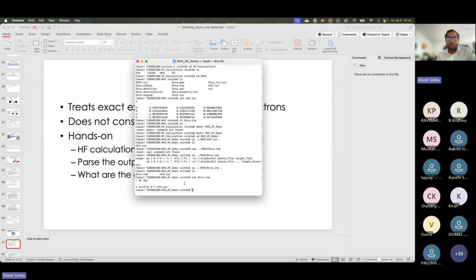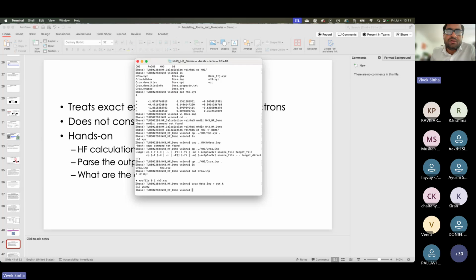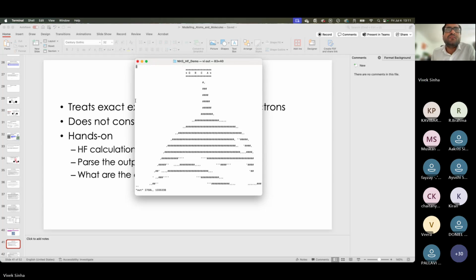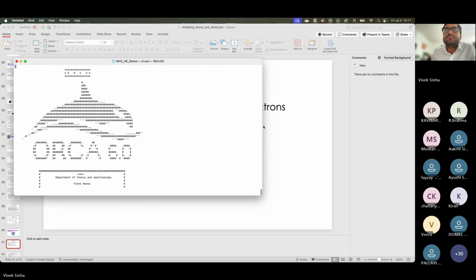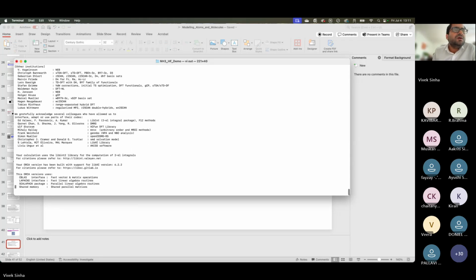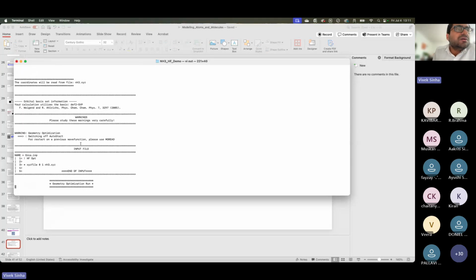Okay, so I'll go back to my terminal just to demonstrate what's going on here. I'll run orca on the input file and redirect it to an out file. It will be very quick. See, you can see it's doing some of the steps. It's done. Now, if I go to the out file, it has all the references and everything.